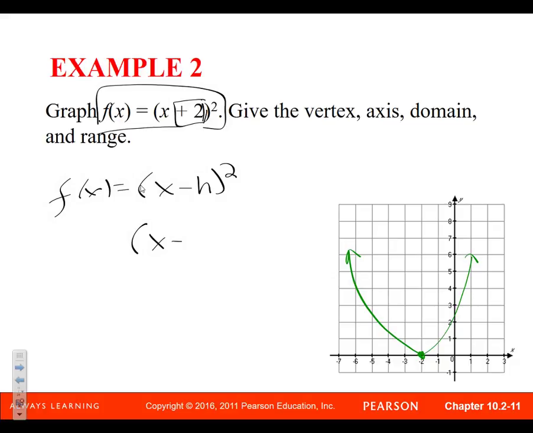Our parabola is here at negative 2, so if I plug that in for h, that position, negative 2, what's negative times negative? Positive. It becomes positive, because there's a built-in negative in the formula for finding what that movement was.